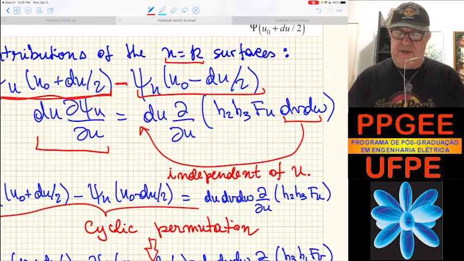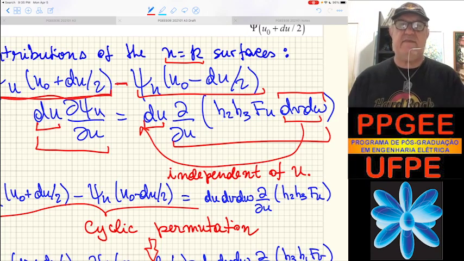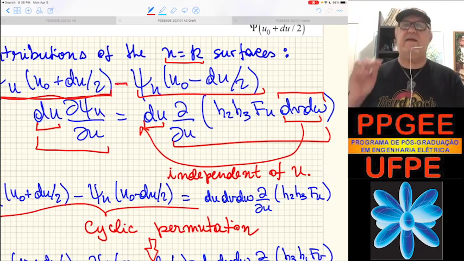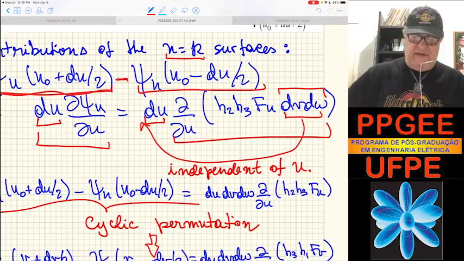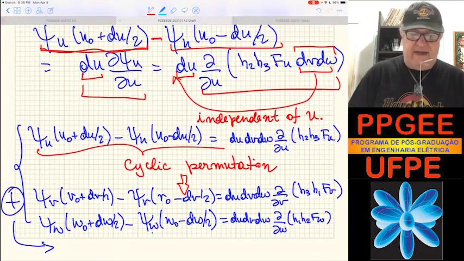And as I mentioned to you, there's going to be a du here and a derivative, and this term goes out of the derivative, right? And you have the contribution of the u equals constant surface. So that's what we have as a result.